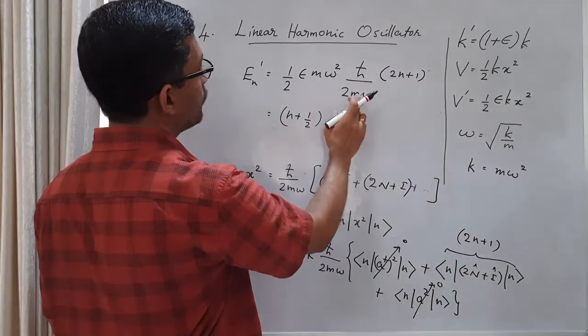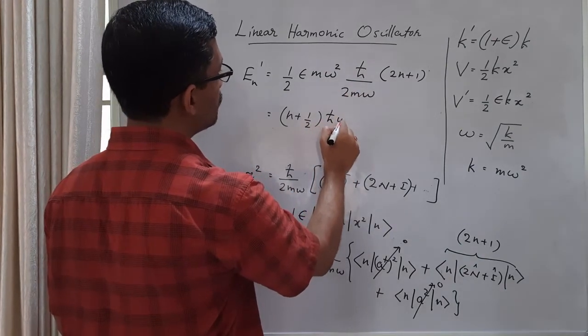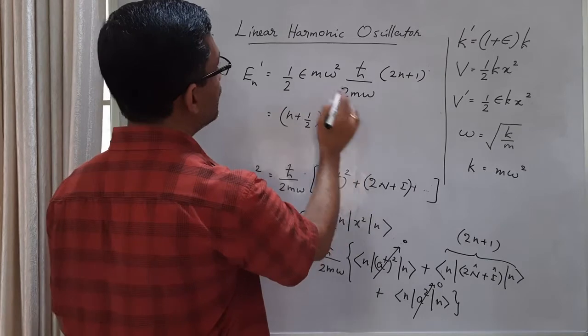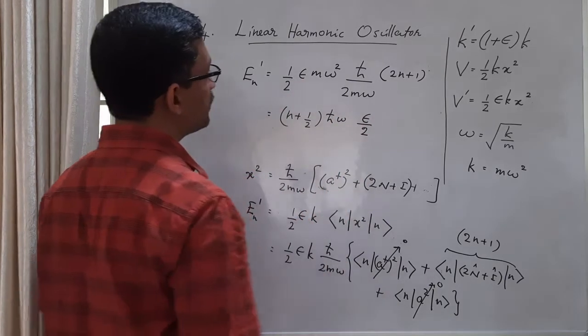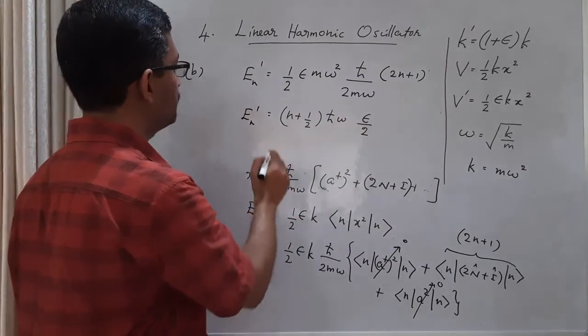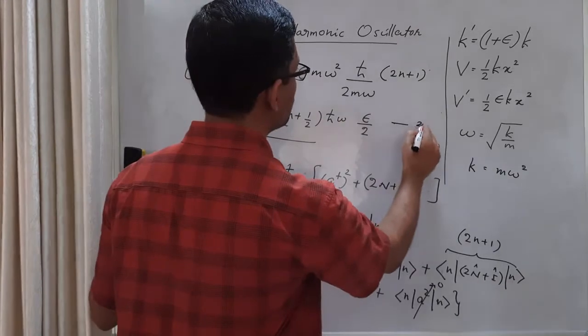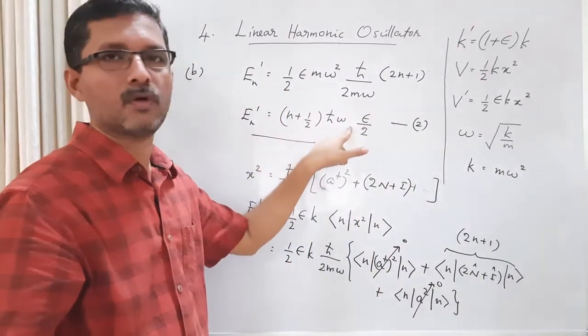So you have h cross omega. And what is the remaining term? You have an epsilon here and you have a 2 in the denominator. This will be the first order correction energy. Equation 2. N plus half h cross omega multiplied by epsilon by 2.